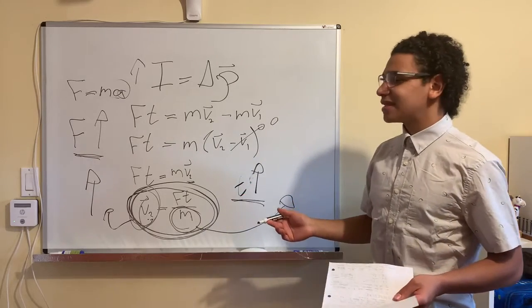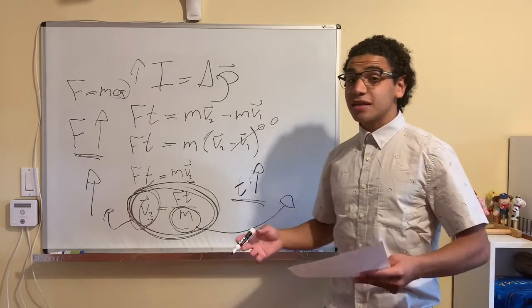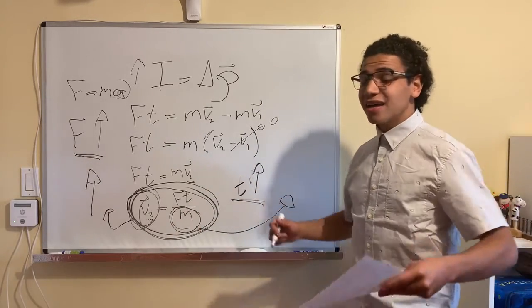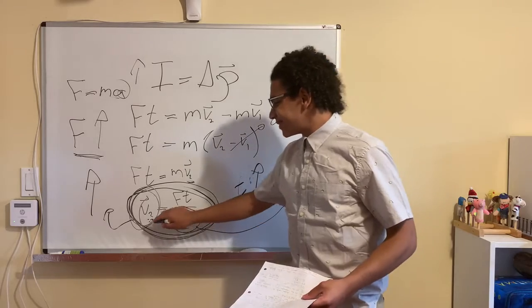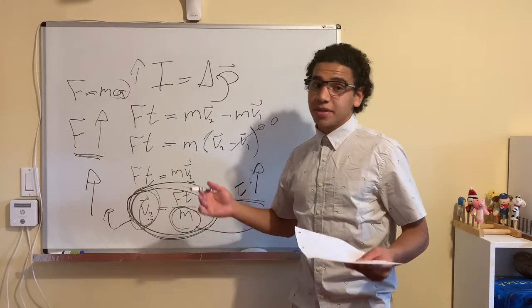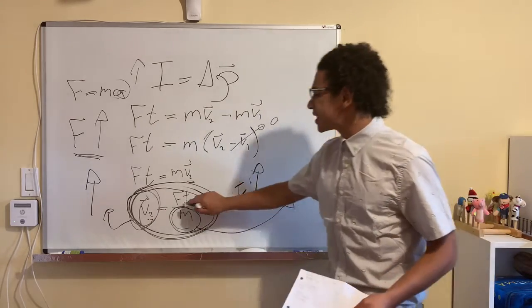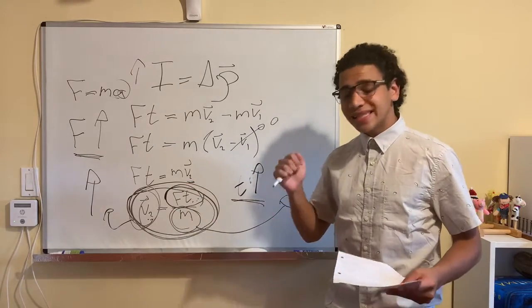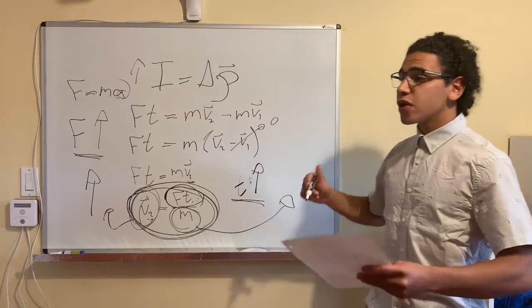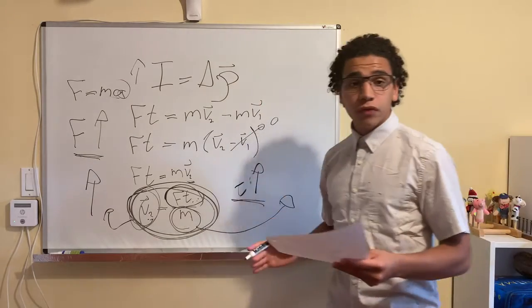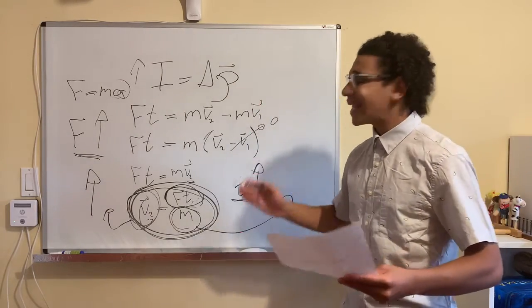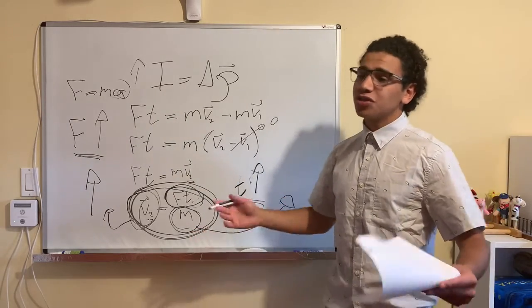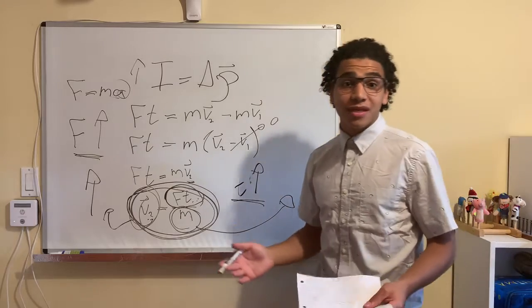So what this basically means is that if your opponent is a heavy guy, then this V2 value might not be so high, but nonetheless, we still have the force and we still have the time, and both of these values will definitely be high. So this move, the spinning heel kick, will likely work unless your opponent is massive, which, well, we're just gonna assume that he's not, okay?